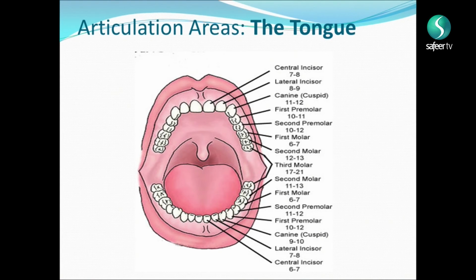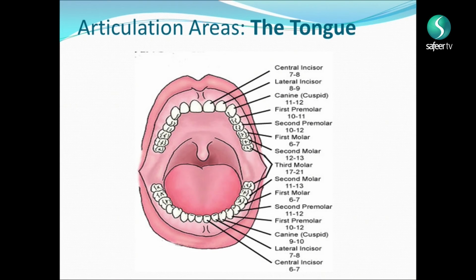So these are the names of the teeth we should know when, for example, we say that for the letter Dad, we use the molars. For example, for the letter Fa, we use the upper incisors. So you should know the names of the teeth: what is an incisor, where are incisors, where are canines, where are molars, premolars, and all these things we should know to understand the point of articulation of letters.